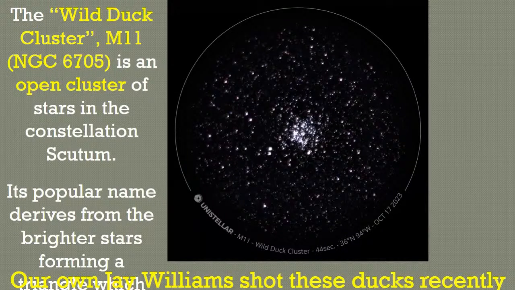This is an open cluster. It is a bunch of gravitationally attracted stars in a very tight position within the spiral arms of the galaxy. So inside the spiral arms of the galaxy, we find open clusters.